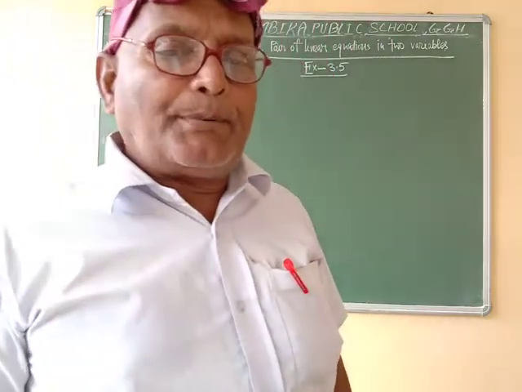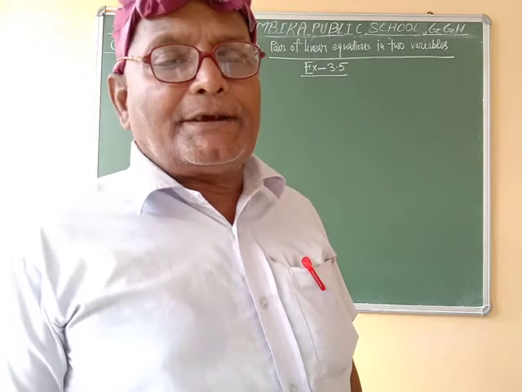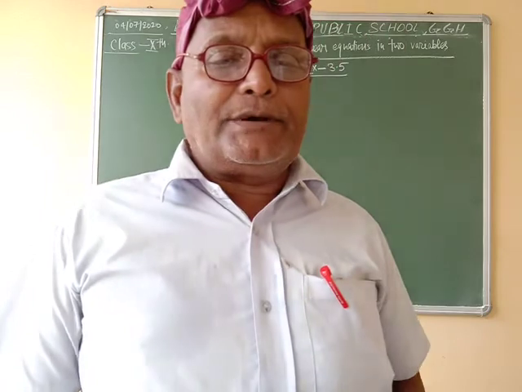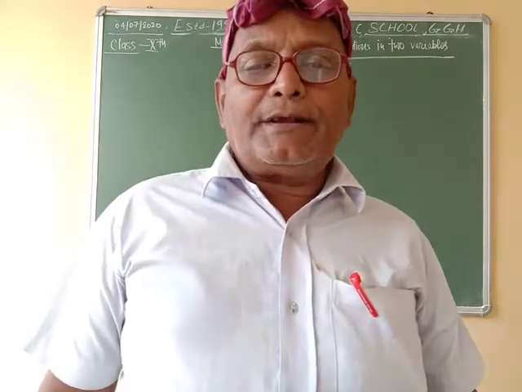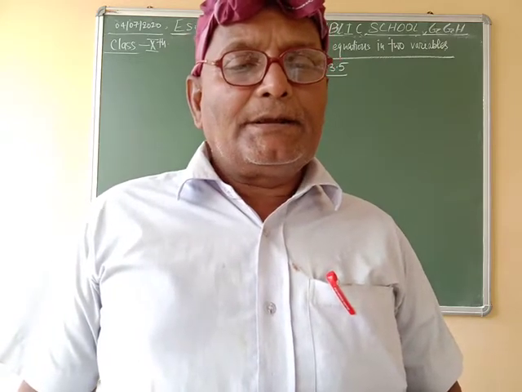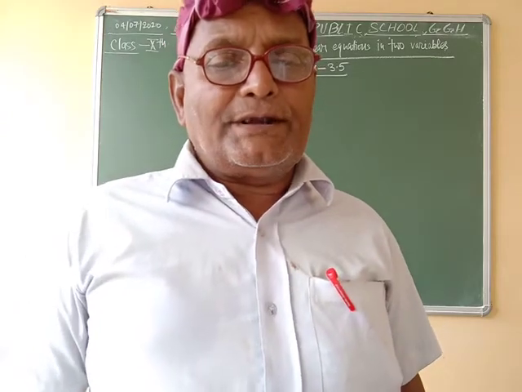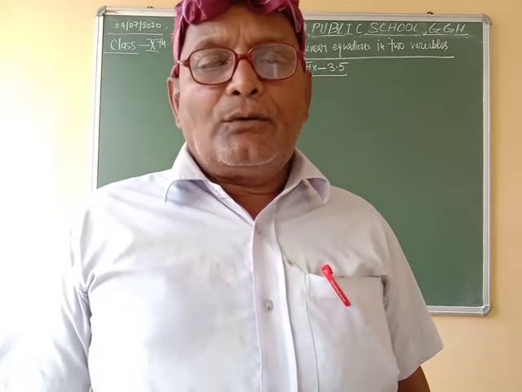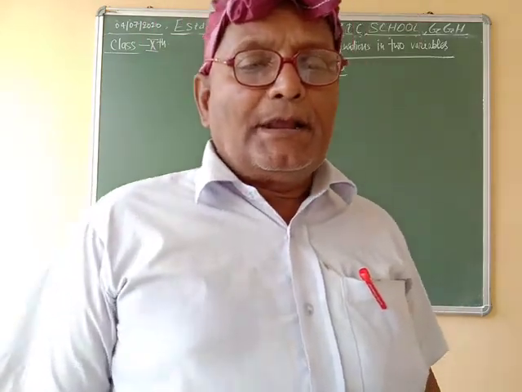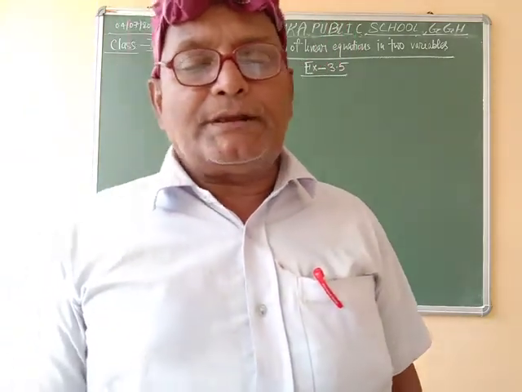The question is, a part of monthly hostel charges is fixed and the remaining depends upon the number of days one has taken food in the mess. When a student A takes food for 20 days, he has to pay rupees 1000 as hostel charge, whereas a student B who takes food for 26 days pays rupees 1180 as hostel charge.